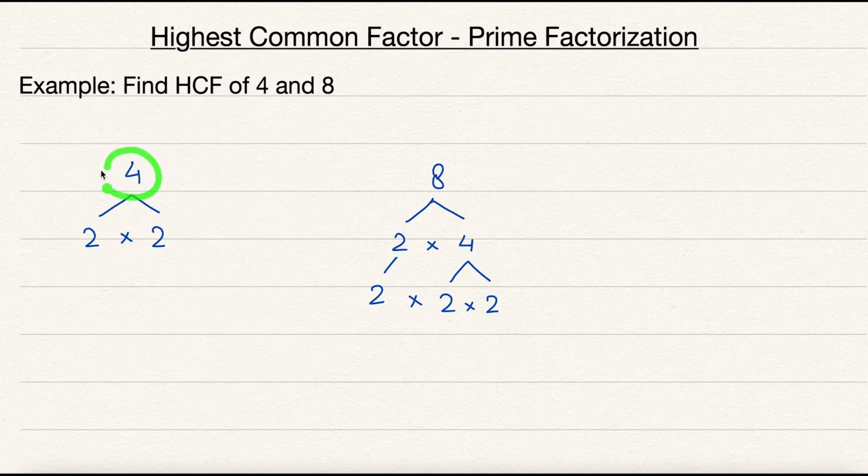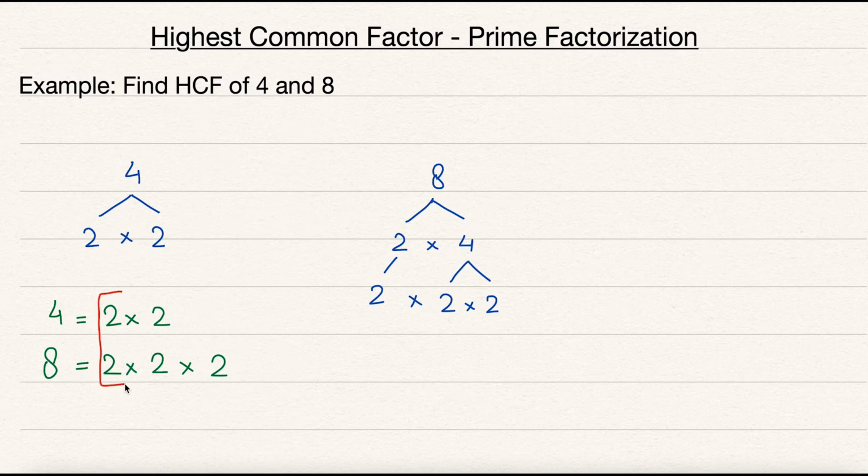Let's list 4 and 8 as the product of prime factors. 4 is equal to 2 times 2 and 8 is equal to 2 times 2 times 2. Now find the common factors. Here you can see that 2 is common in both of them. 2 is also common.